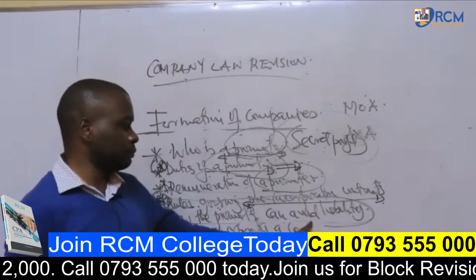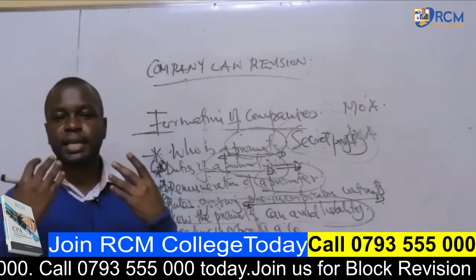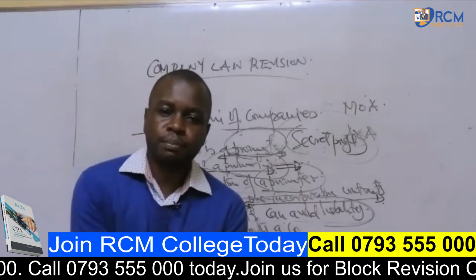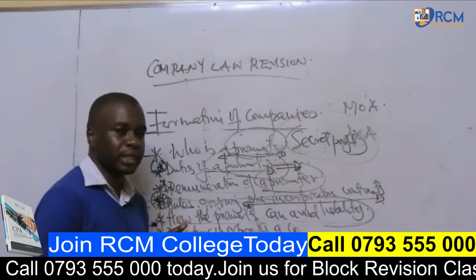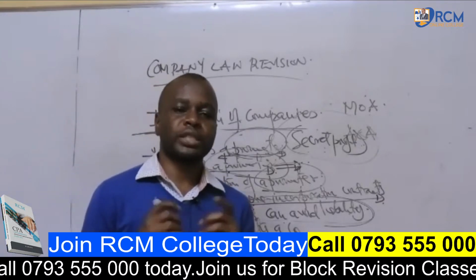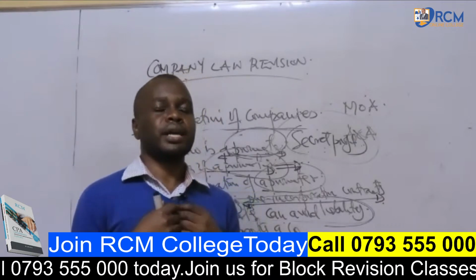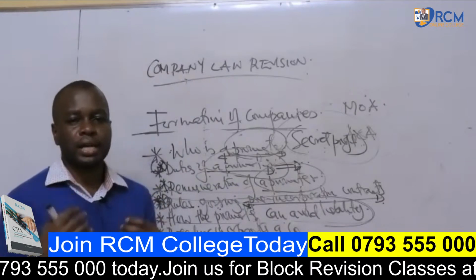Number one, what he can do is simply not enter into any contract. Just incorporate the company first before entering into any contract. In such a case, the question of pre-incorporation contracts won't arise. He won't go ahead and acquire that furniture or that office space.